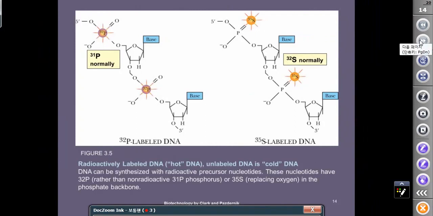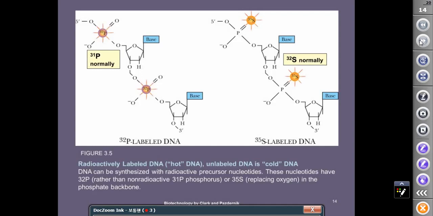And from now on, we are going to briefly discuss each slide of how to label your DNA. Labeling DNA is a very important technology because you have to locate certain DNA. For now, you won't be able to understand that, but just take the knowledge as it is.